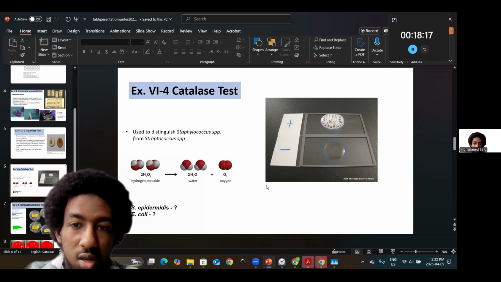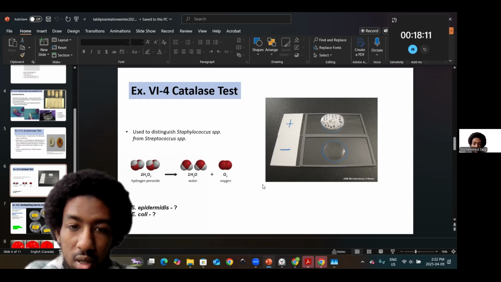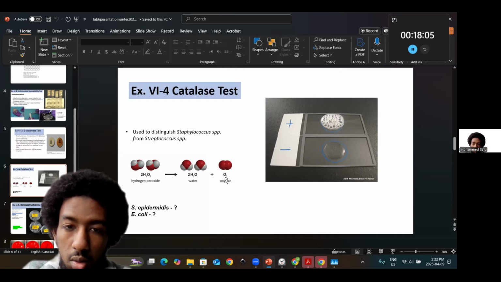But nonetheless, if it was indeed a positive result, you could see rapid bubbling, indicative of catalase-producing bacteria, or bacteria that have a lot of catalase.